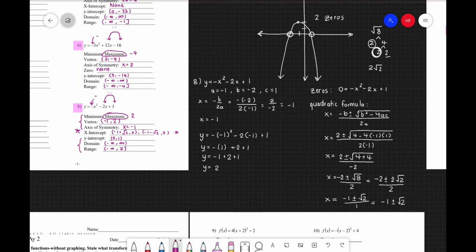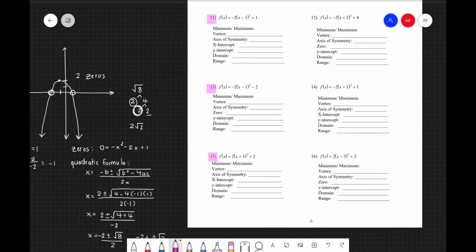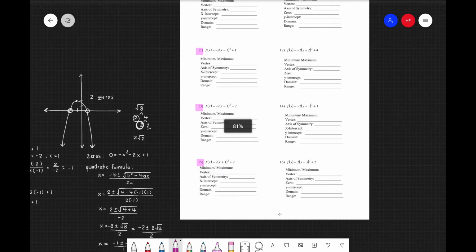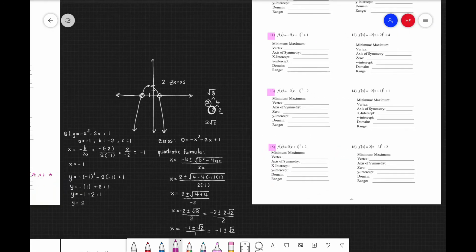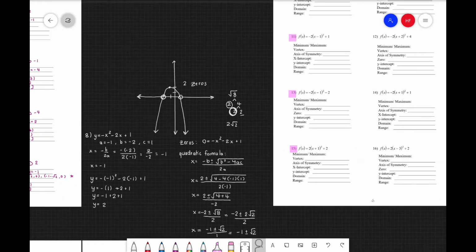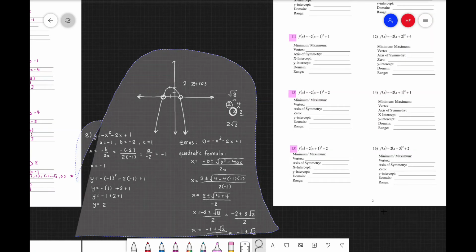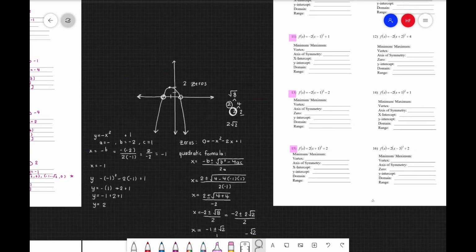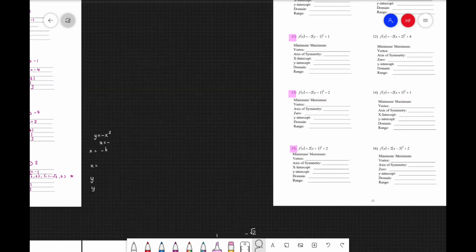So now we're going to move on to the second half of this. Let me clear this out. So on the second page, I am going to be doing the right side. Oh, sorry, the left side, instead of the right side.